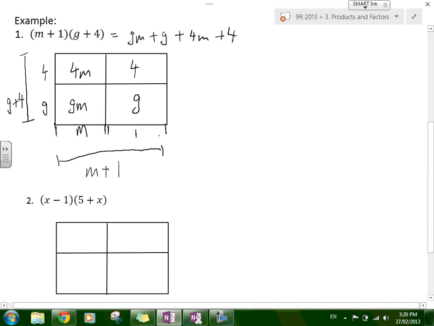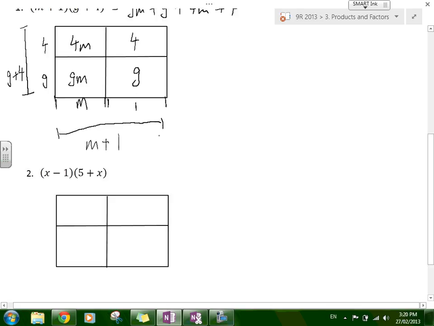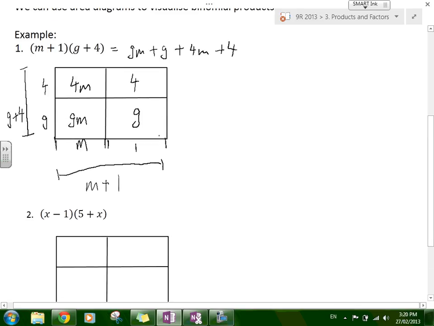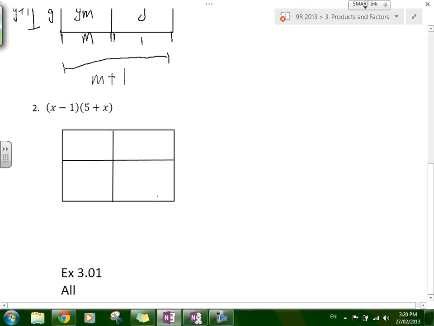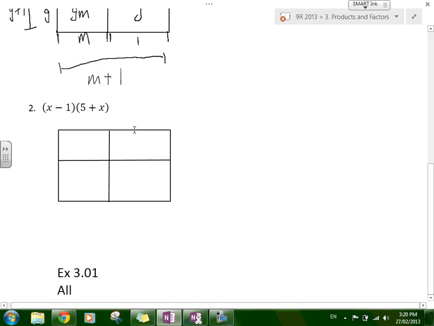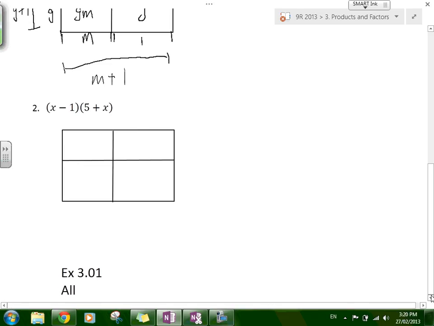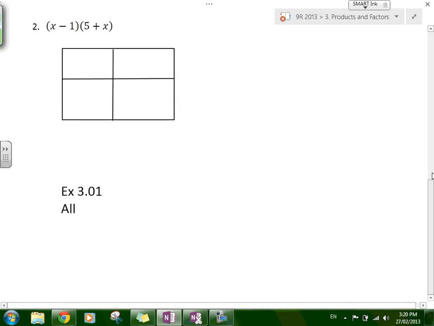Now, we're going to do the same thing for the second rectangle.